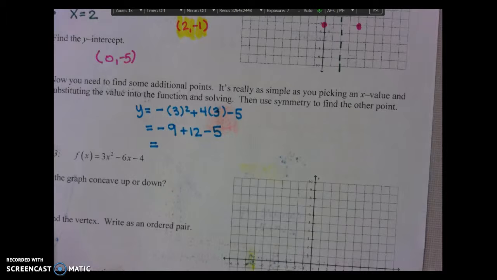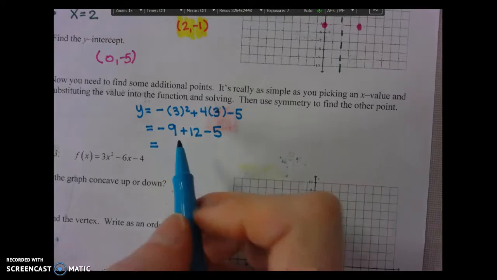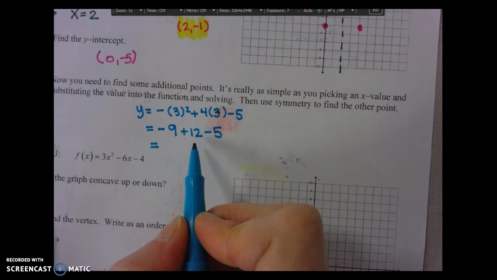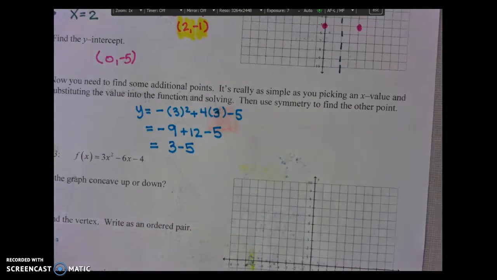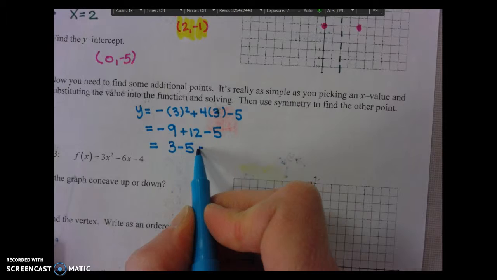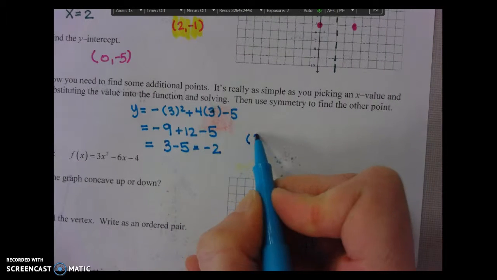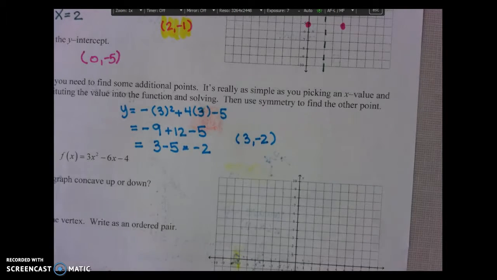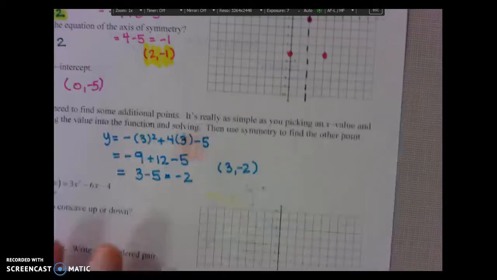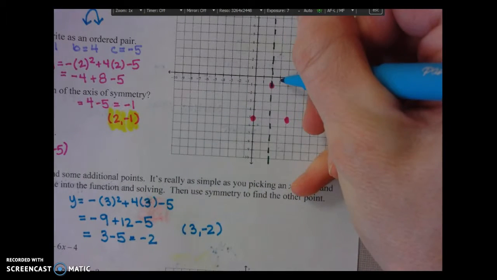Negative 9 plus a positive 12 is 3. 3 minus 5 is negative 2. You've just found the same ordered pair that your calculator would have shown you in the table. You just didn't use the calculator to get that answer. So we're going to plot the point 3, negative 2.